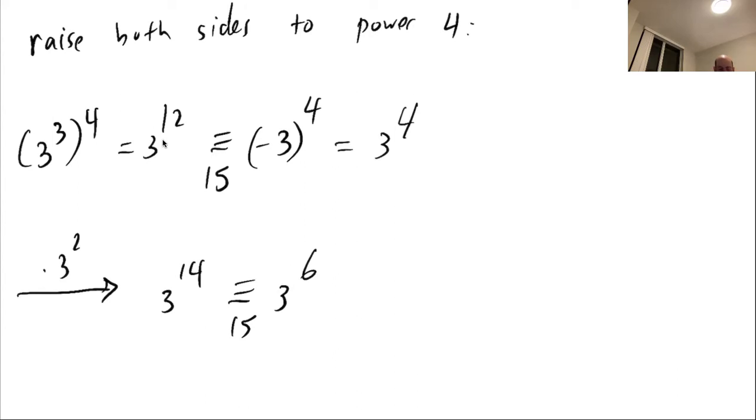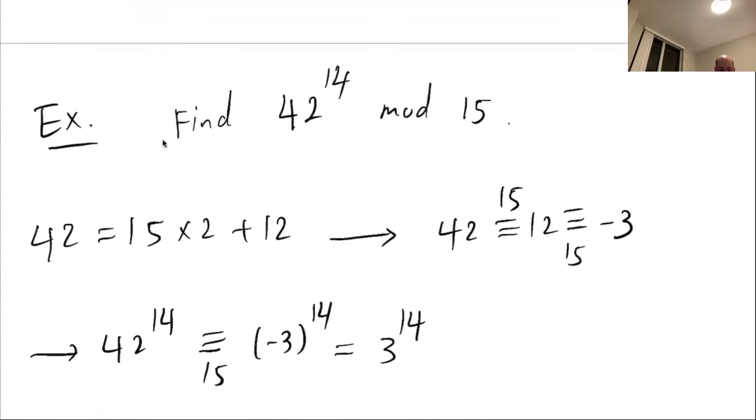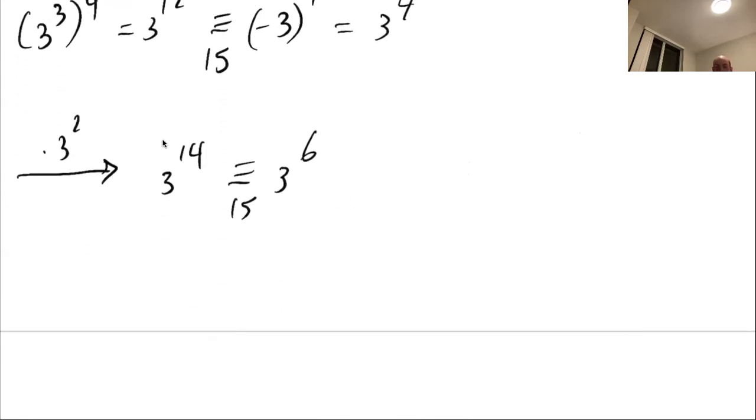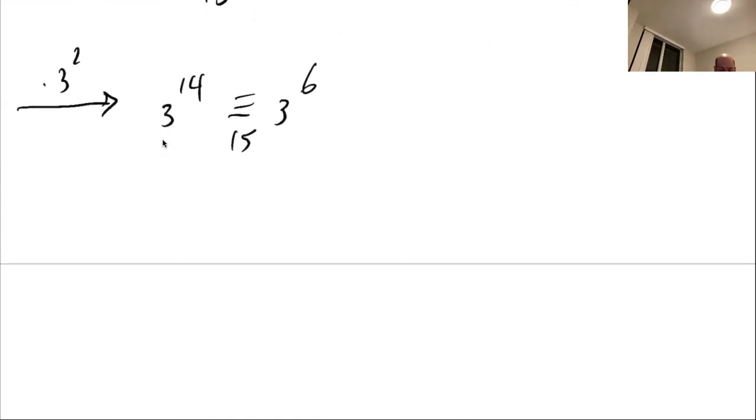So see, from 42 to power 14, we reduced the numbers and powers, everything. I got 3 to power 6 now. 3 to power 6, still we can reduce it. How can I reduce? So lastly, remember 3 to power 3 was 27, which was minus 3. We already used this fact once.